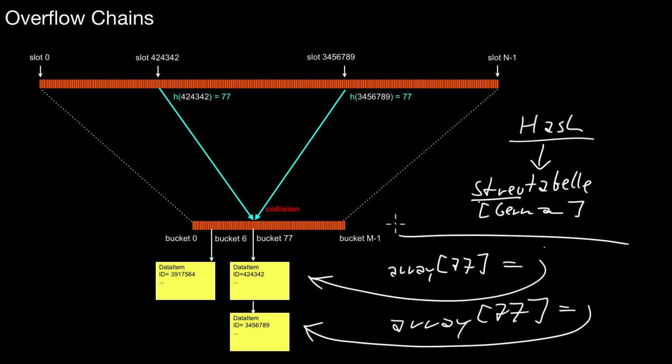So the better the hash function is in declustering, in distributing the data items over the different buckets, the lower the number of collisions. That's what you want to have.